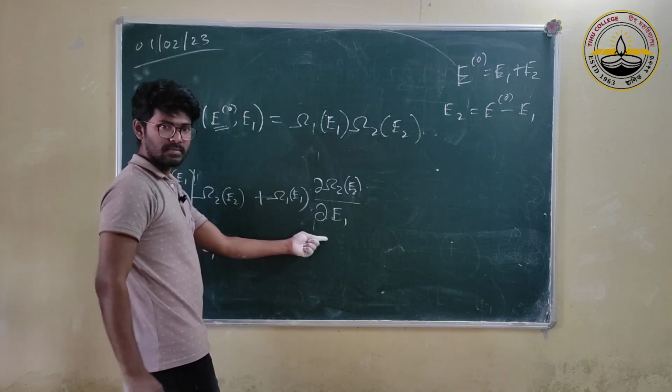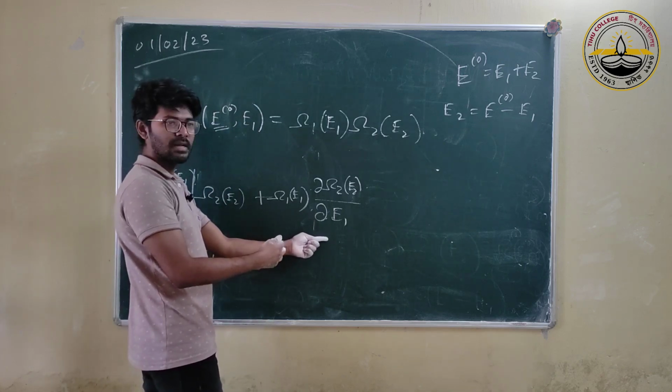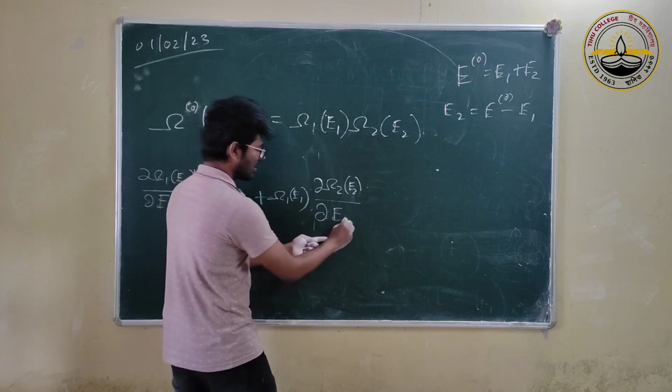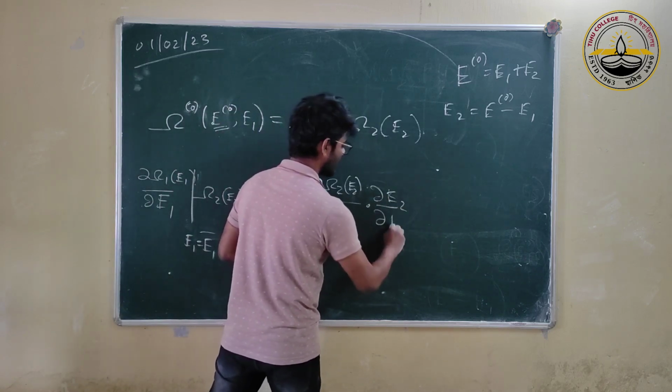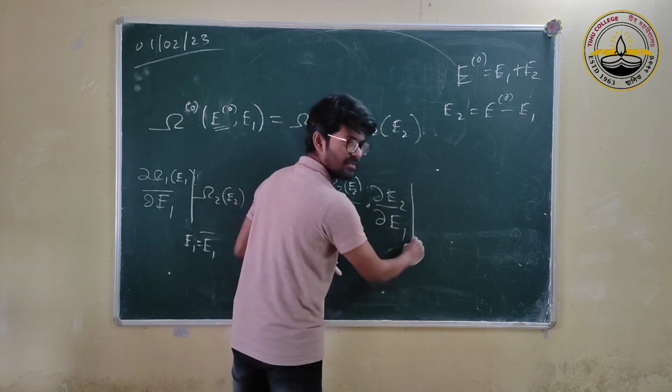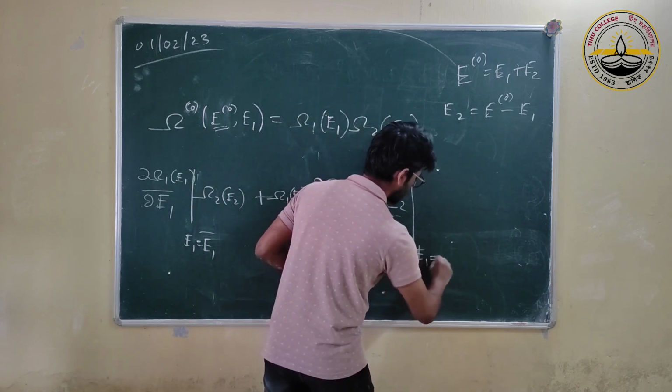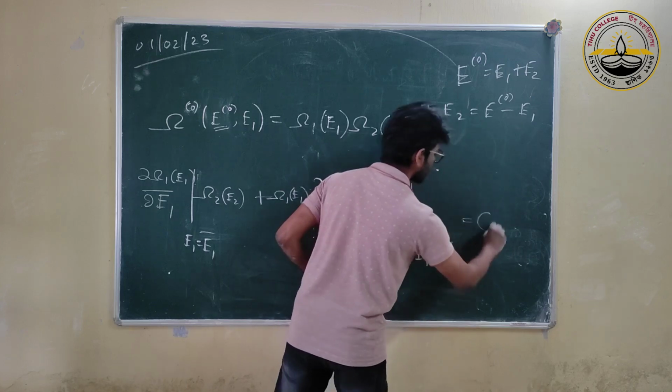By del E1, because that's what we are using. But that we can write as del E2 by del E1, chain rule, at E1 equal to E1 bar equal to 0.